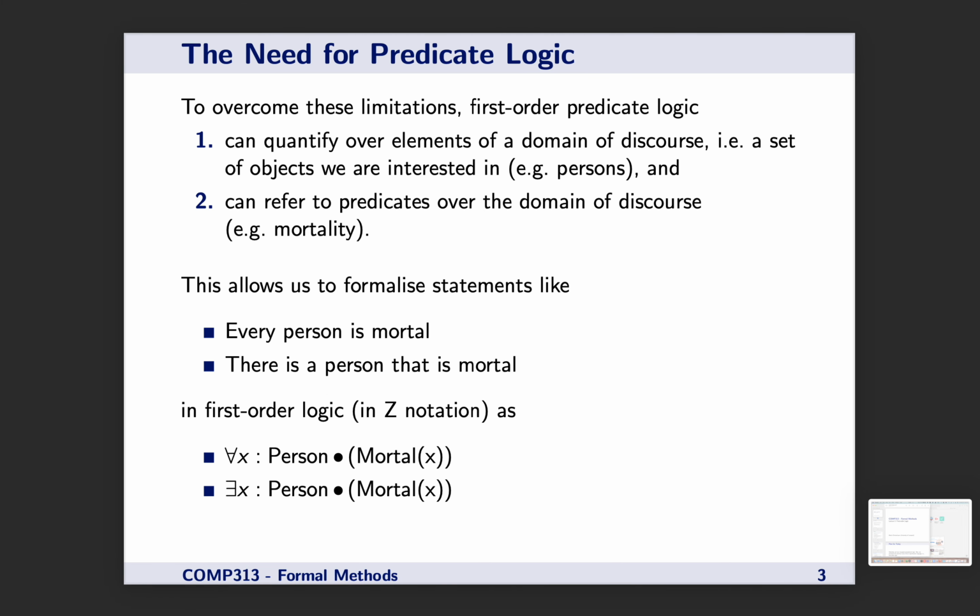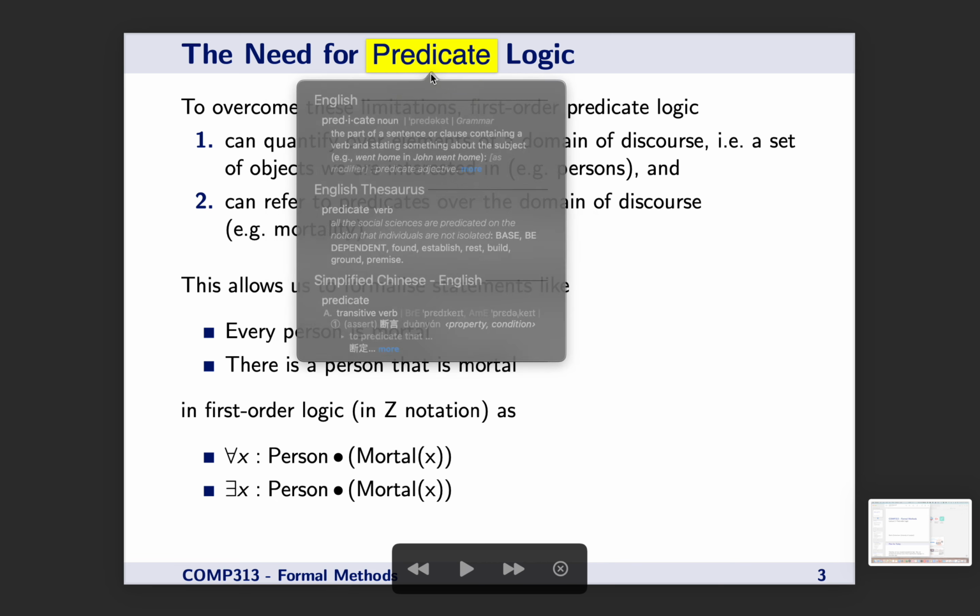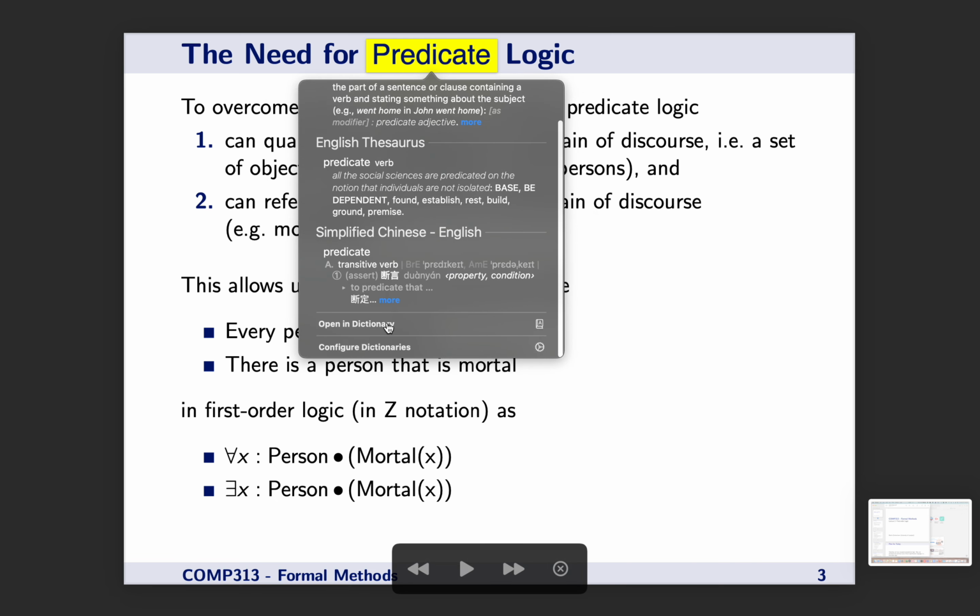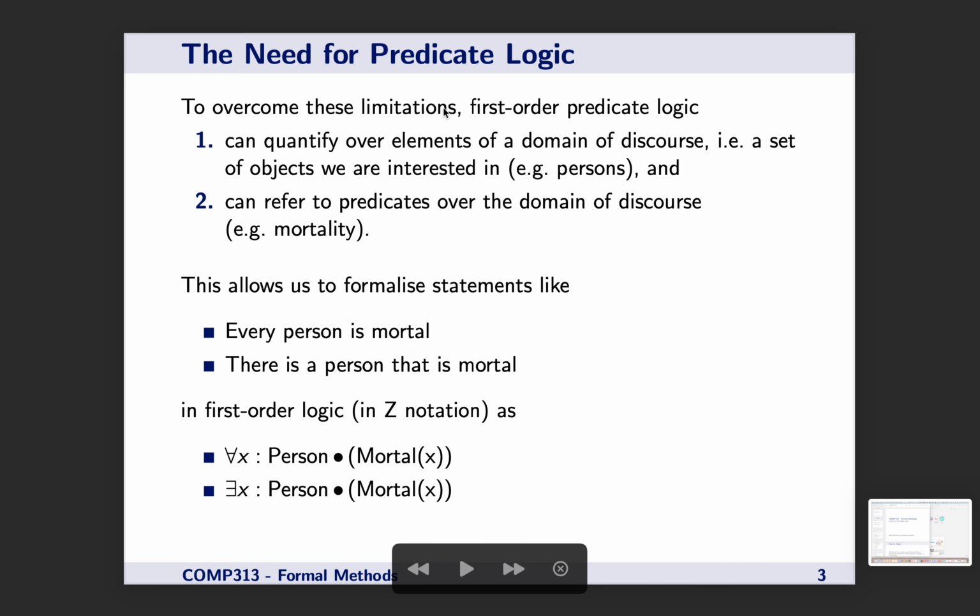There's a need for predicate logic. So what do we mean by predicate logic? Predicate in Chinese is called 断言. To overcome these limitations, in first order predicate logic, we can quantify over elements of a domain of discourse. That is to say, a set of objects we're interested in, and we can refer to predicates over the domain of discourse.